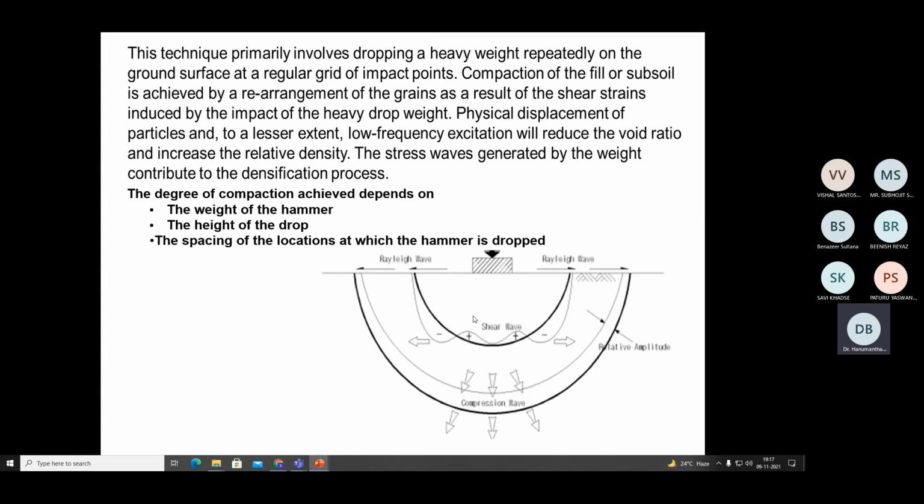Now this figure explains the mechanism by which the soil beneath the pounder gets densified. First of all, when a very heavy weight is dropped instantaneously, it obviously generates some kind of shock waves, which we can correlate with shear waves, like Rayleigh waves. They move in every possible direction, downward as well as lateral.